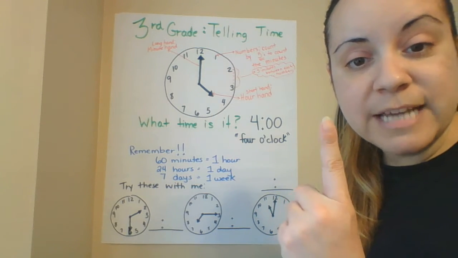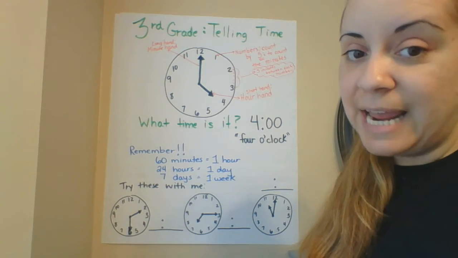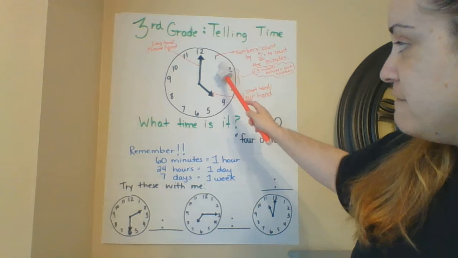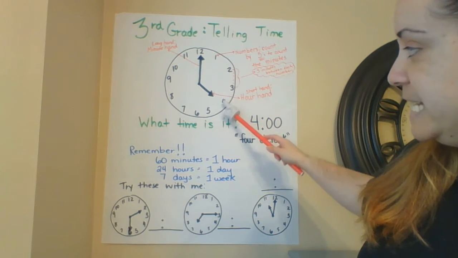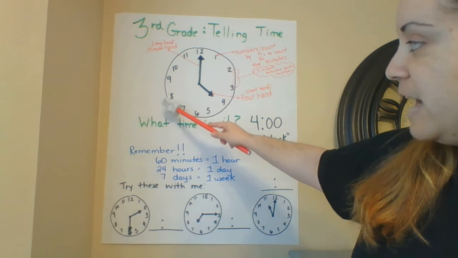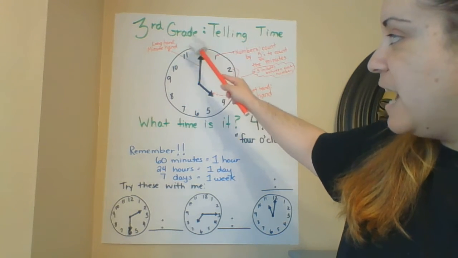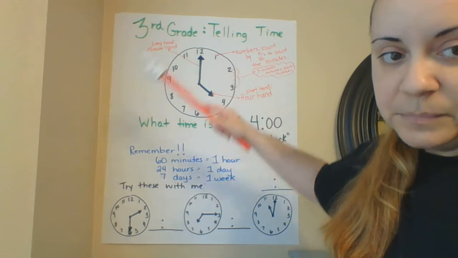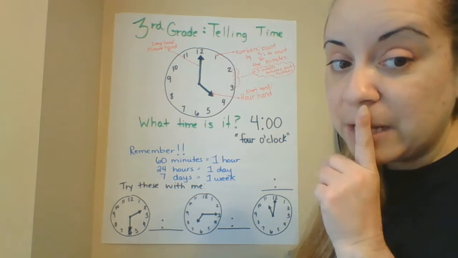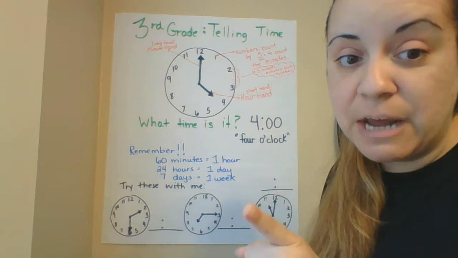I'm going to do it one time with you, and then I'm going to be quiet and let you do it. Ready? And go. 5, 10, 15, 20, 25, 30, 35, 40, 45, 50, 55, 60. Your turn. I'm going to be quiet, and I want you to count by fives as I touch each number.